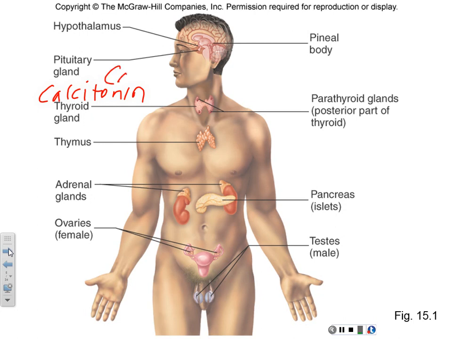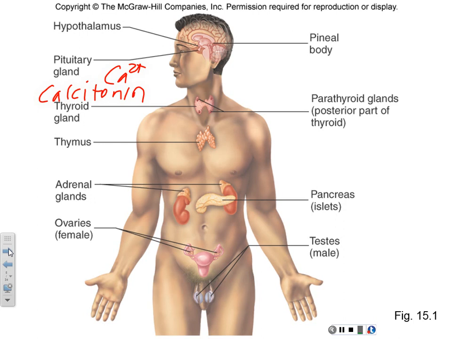If you drink a bunch of milk and you've got calcium in your blood, you release calcitonin, so that calcium is deposited from the blood. And if you're lacking calcium, you release parathyroid hormone from the parathyroid gland, which activates cells that break down bone, and then you have more calcium in your blood.